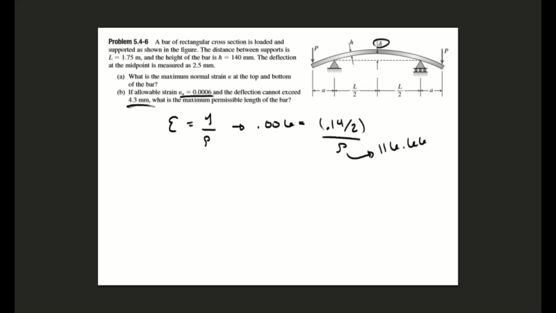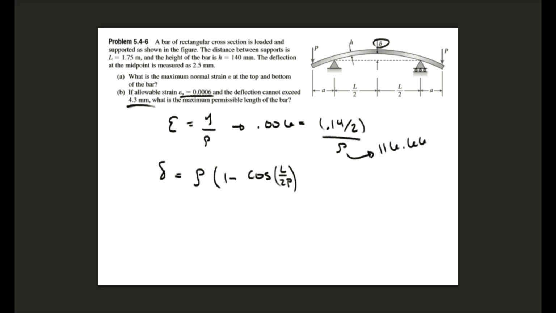0.66. Okay. So then you have that set up, and now we go back to that original equation with the deflection. It's a lot easier solving it this way instead of trying to solve for rho using this equation. Okay. So now we have this.